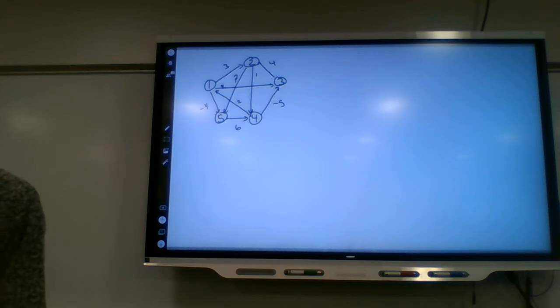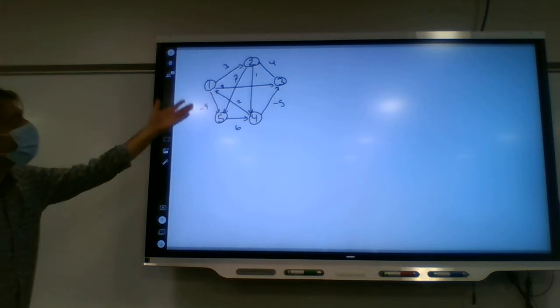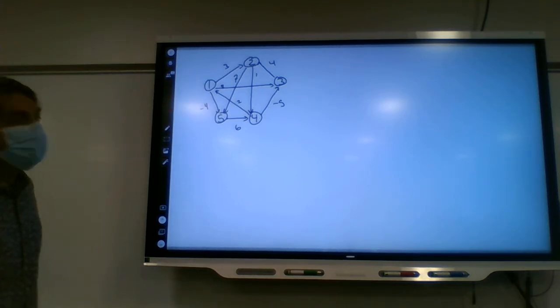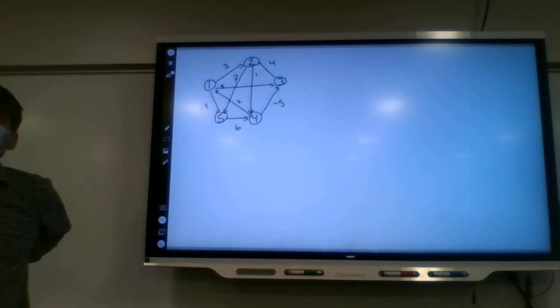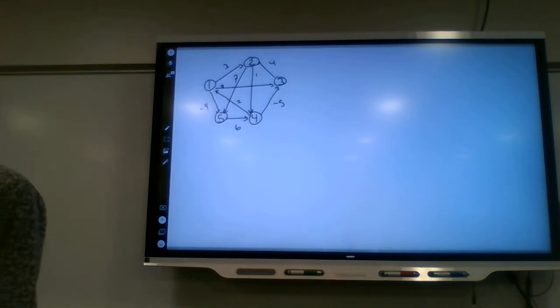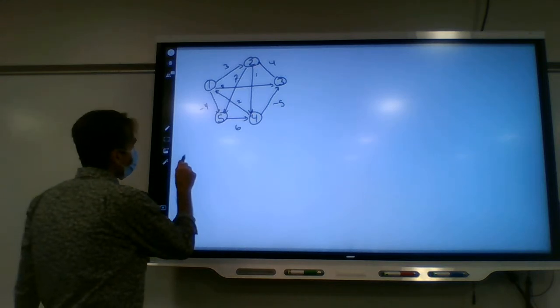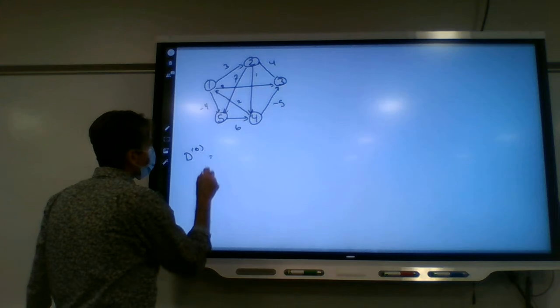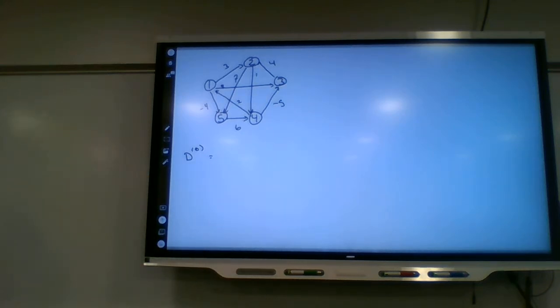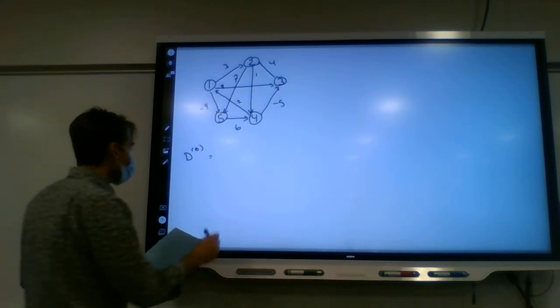All right, so we have some negative weights. Those are okay. We have direction on all of our edges. Negative weights are okay, but we don't have any negative cycles. We can check that ourselves and see that we don't have that. Okay, so our starting matrix, our adjacency matrix, I'm going to go ahead and call it D0.